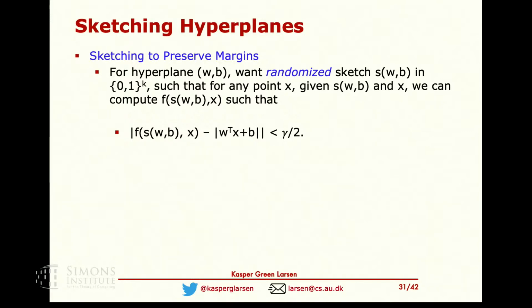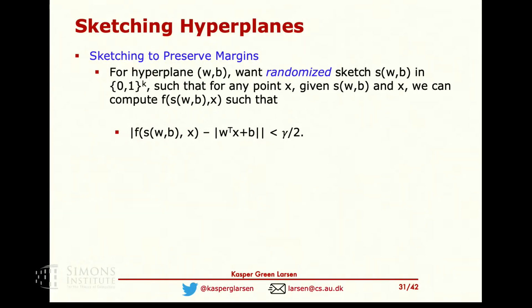And I want to be able to do that just from my sketch of w and b; there should be some function. It doesn't have to be inner products, it's just a function, a way of computing an approximation to the margin before multiplying with y. Makes sense? So it's just a sketch that basically preserves these inner products, or allows us to recover the inner products between w and x. That's basically what we're interested in.